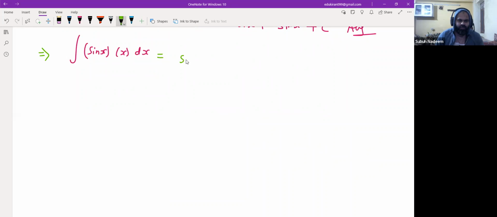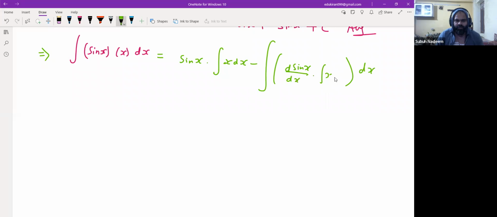So first function into the integration of the second function, minus big integration, the differentiation of first function and the integration of second function. So this will be sine x into the integration of x, which is x square by 2.